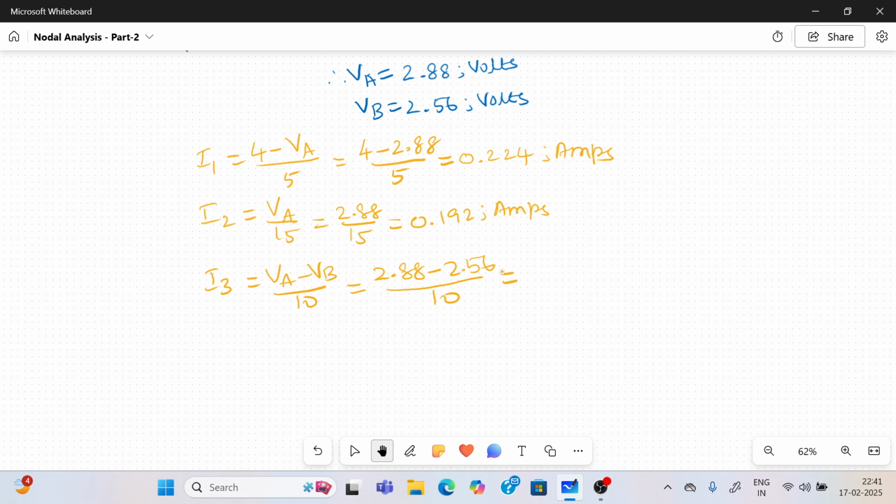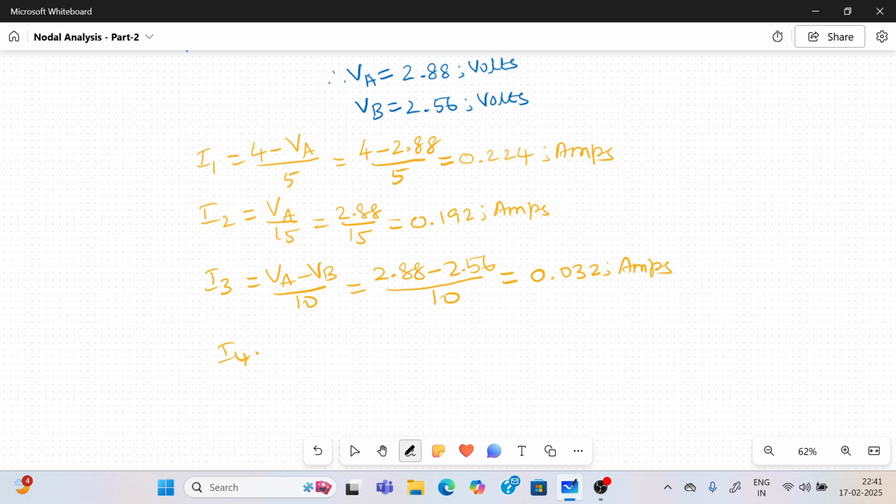So 2.88 minus 2.56 divided by 10. So 0.032 amps.